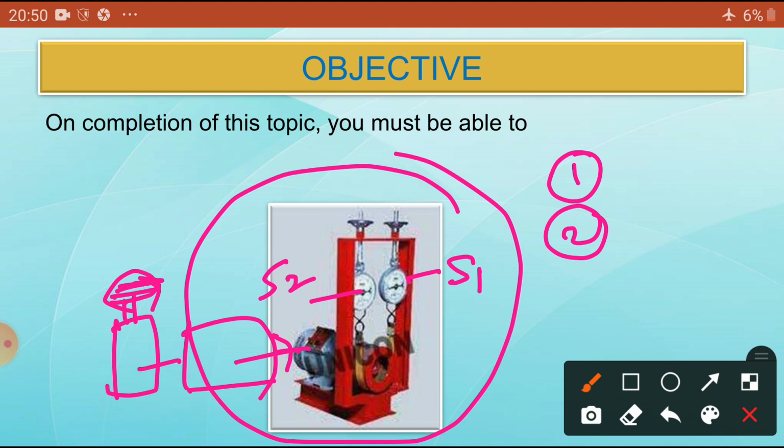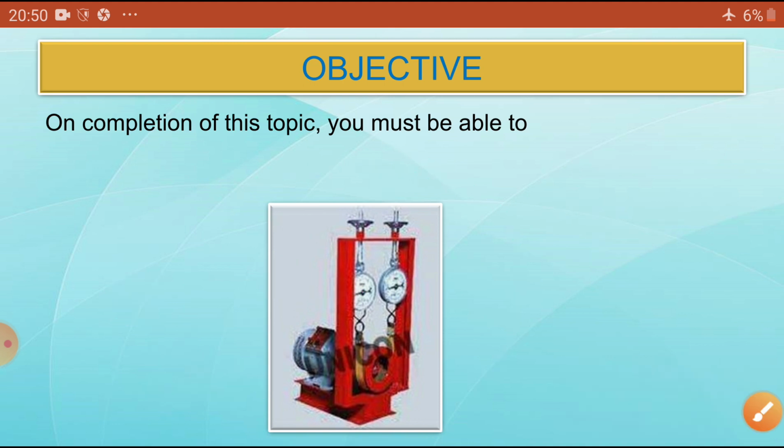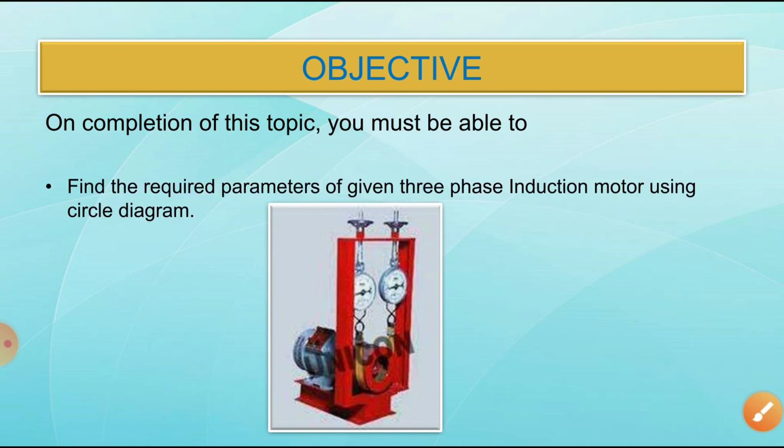Based on this, we get the no load readings and blocked rotor readings. Let us assume we performed these experiments on a given motor. Find the required parameters of a given 3-phase induction motor using the circle diagram.